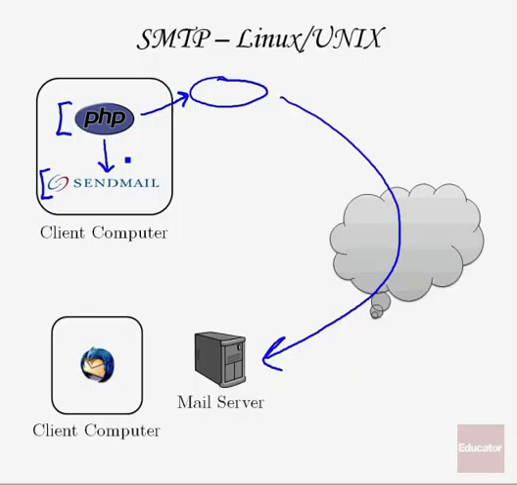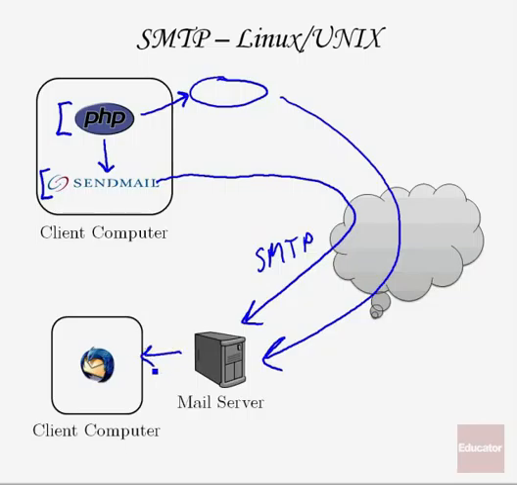And then SendMail is the actual mail server, and it is the one that goes out through the internet and via SMTP sends it along to the client's mail server. And then same as before, the recipient can download it via POP or IMAP to read the email. So the main difference here is that typically on Linux, you have your mail server or your SMTP server running on the same computer as your email client.